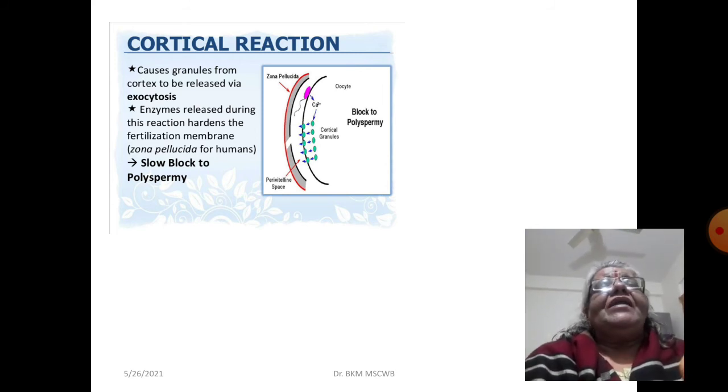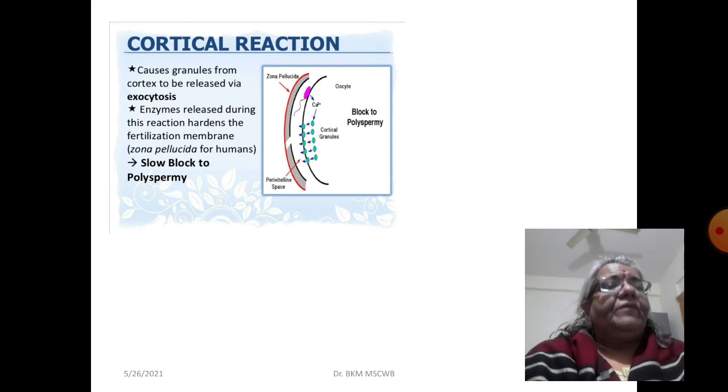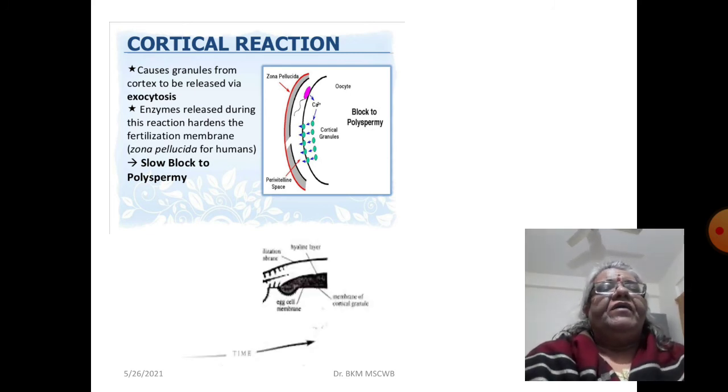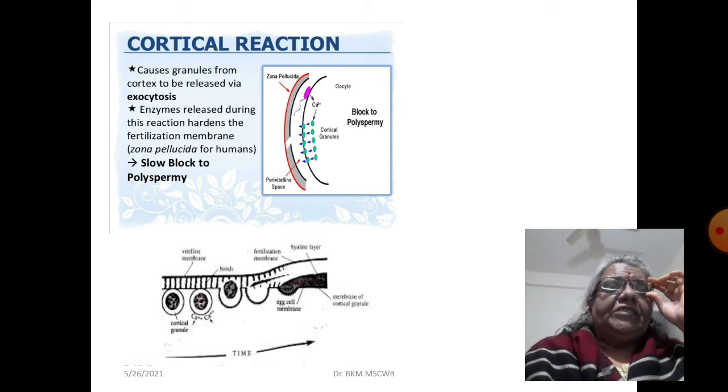And enzymes released during this reaction harden the fertilization membrane. This is the slow block to polyspermy. Here the same thing I have given in diagrammatic manner, which you can write in your answer books.